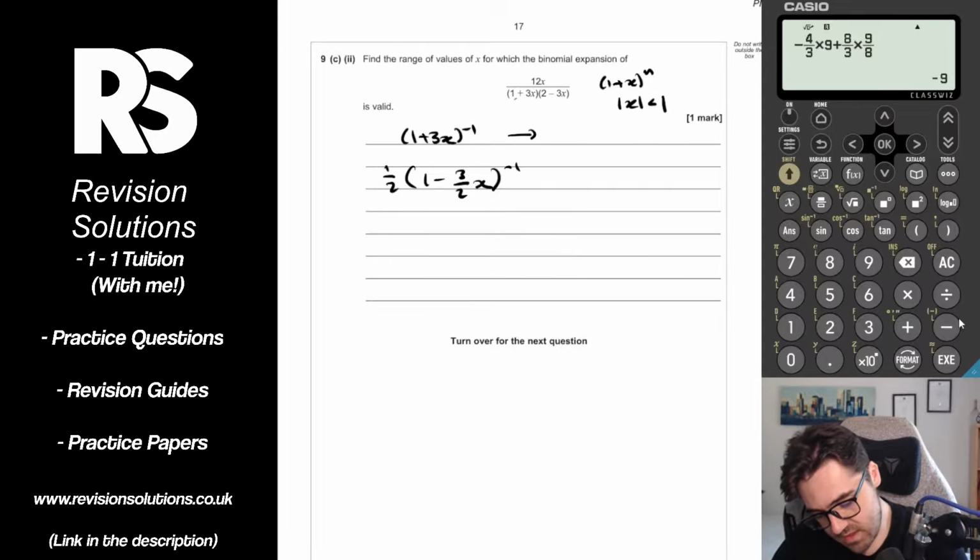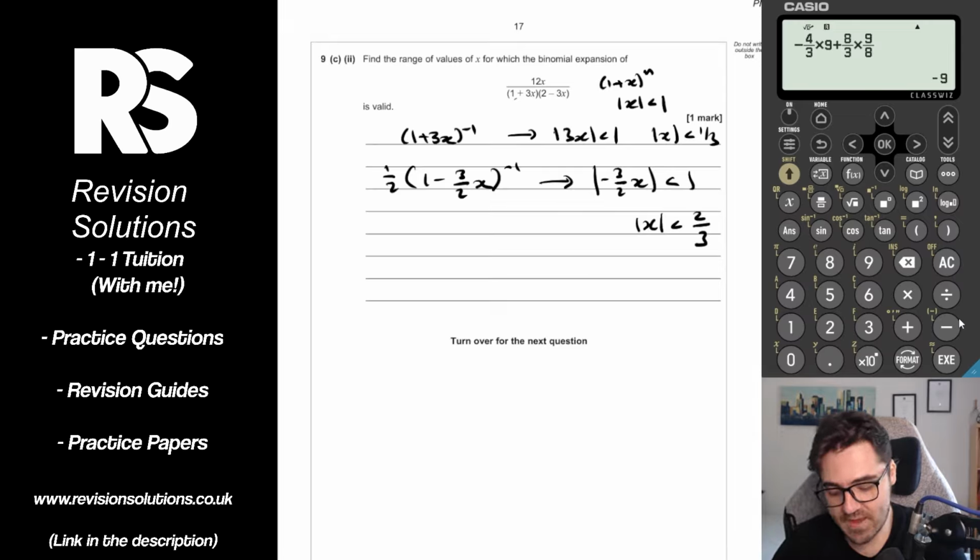So for this guy, mod 3x needs to be less than 1, which means mod x needs to be less than 1/3. And for this guy, mod of minus 3/2x needs to be less than 1, which is going to make mod x less than 2/3.